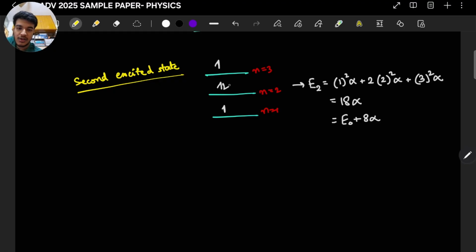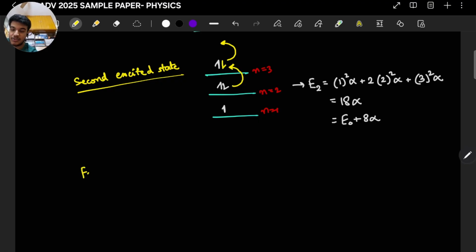So what I can do is excite this electron to the third orbital, and then it would come here. This would become my third excited state, and then I can again excite this electron a step above, into my n equal to 4 state. So that would be my fourth excited state.